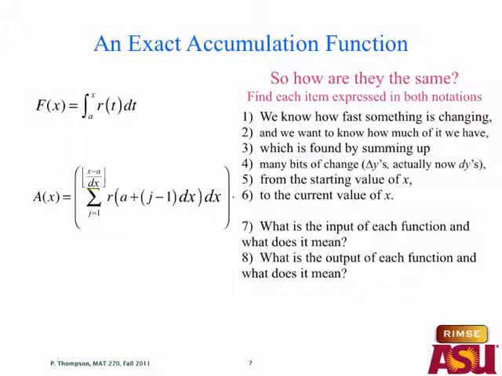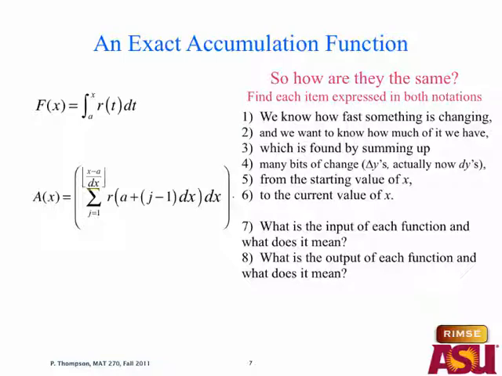All right, so the input is where we accumulate to. That's x, and then the output is the amount of the quantity accumulated starting at A, ending at x. Any questions on how these are the same function in all the parts?